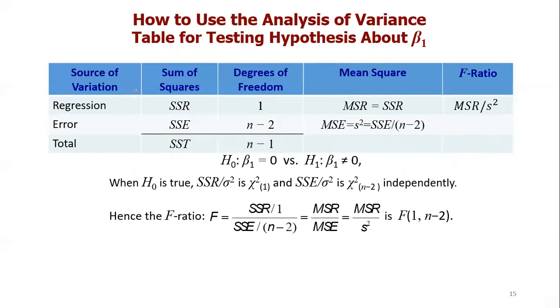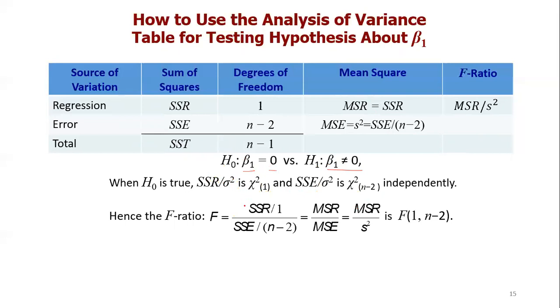The hypothesis test is whether beta 1 is equal to 0 or not. So this is our hypothesis test. If the hypothesis is true, which means beta 1 is equal to 0, then it turns out that SSR divided by sigma square and SSE divided by sigma square are chi-square random variables with 1 and n minus 2 degrees of freedom.